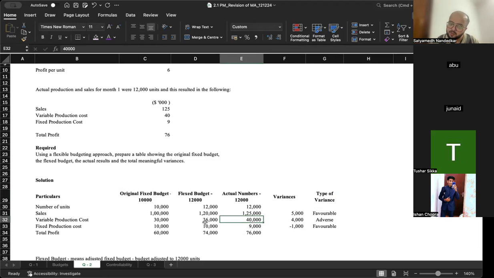Here, the actual number in case of variable production cost is more than the budgeted number, but this is cost. That means you have spent more than what was allowed. So that becomes an adverse variance, and the plus or minus sign is in no way indicative of favorable or adverse. You will have to think about it in a logical manner.